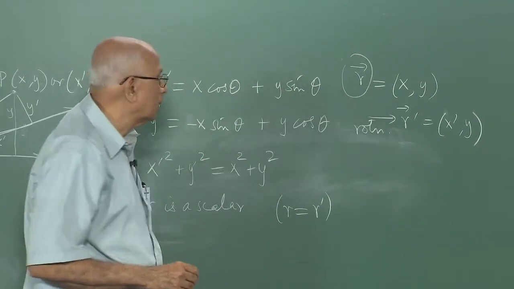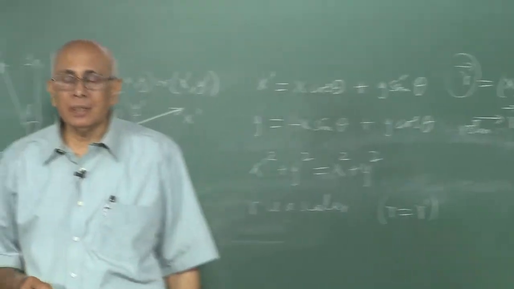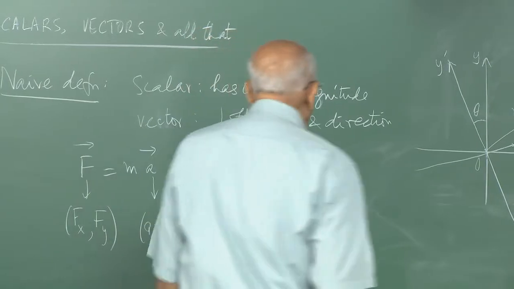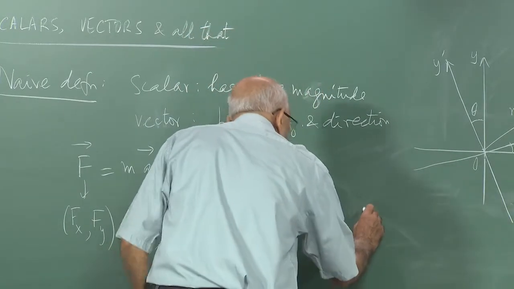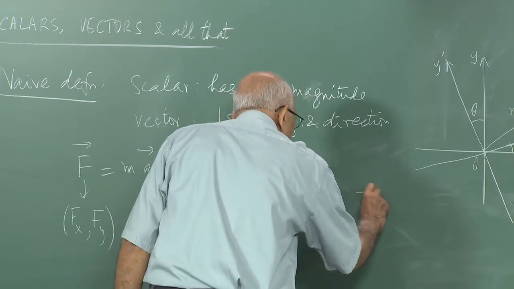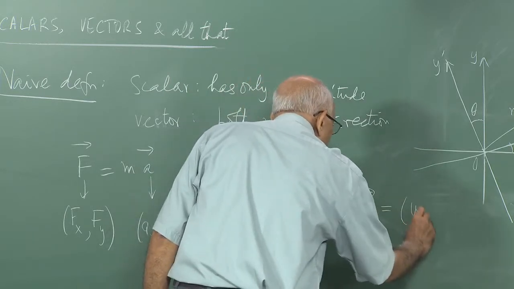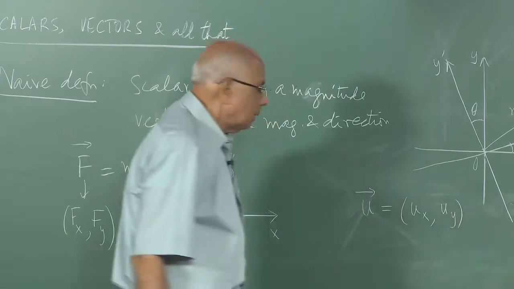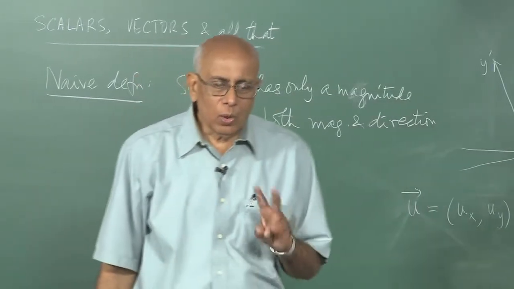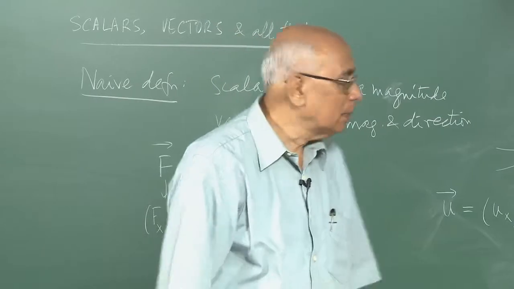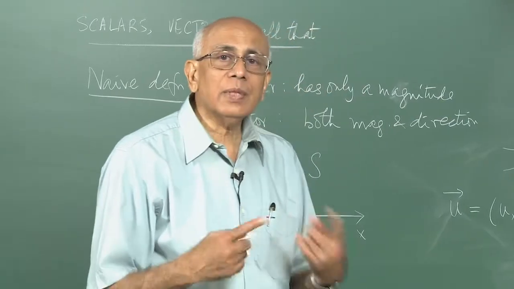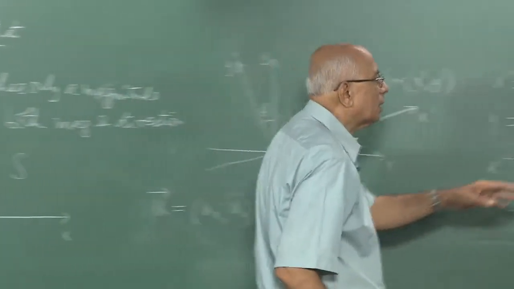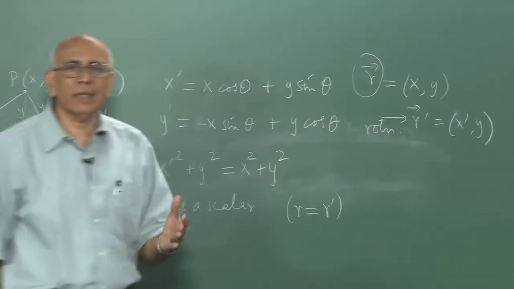And now the definition is that any quantity with two components, let us call it u with an arrow, having two components ux and uy, any quantity with two components written in this form which transforms under a rotation in the same way that the coordinate r itself transforms is called a vector.